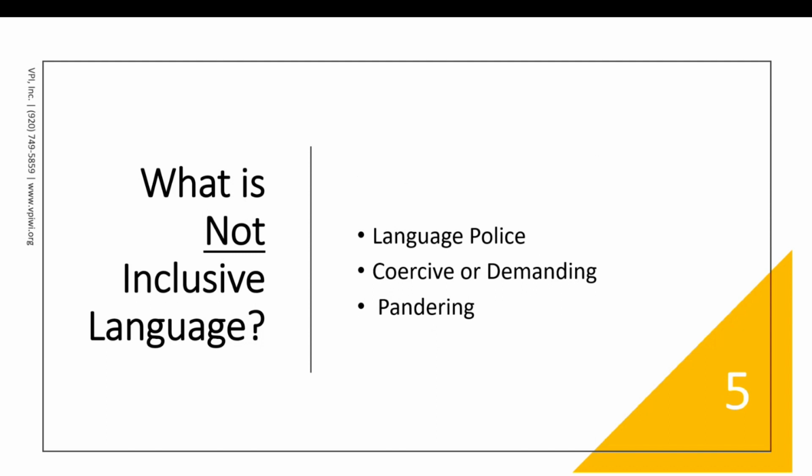So what is not inclusive language here? Just as important sometimes as the definition of what something is, sometimes it also helps to know what something is not. And inclusive language is not the language police.